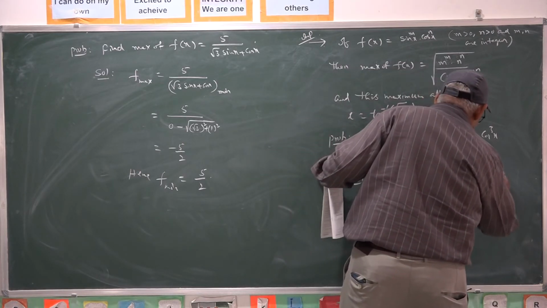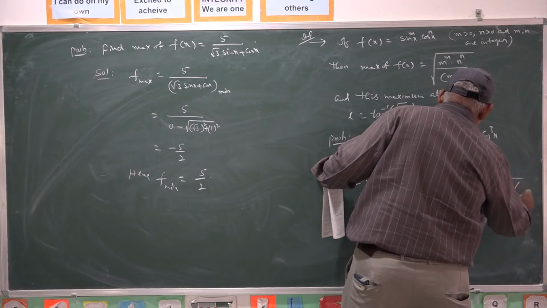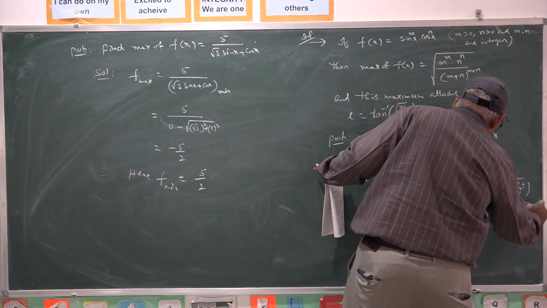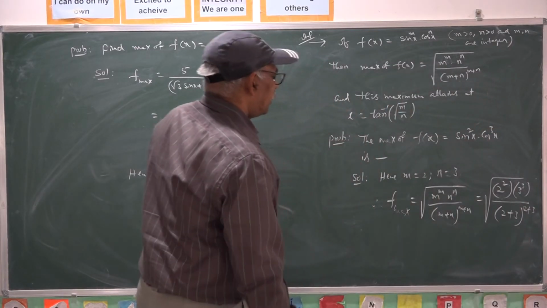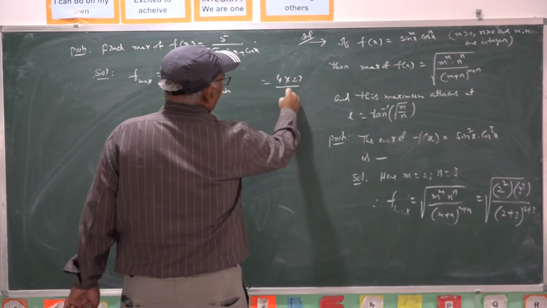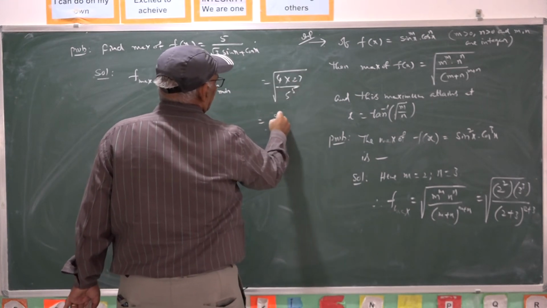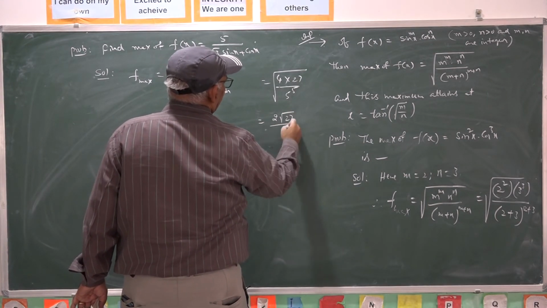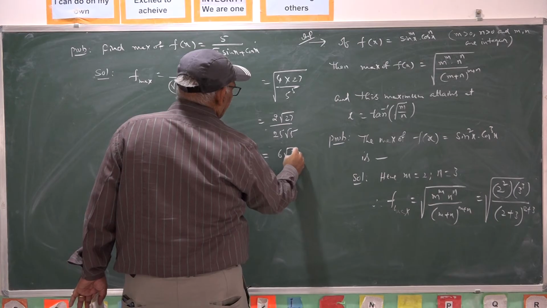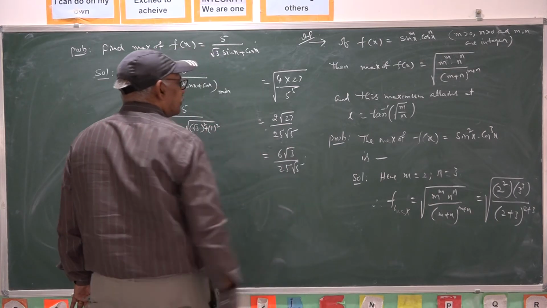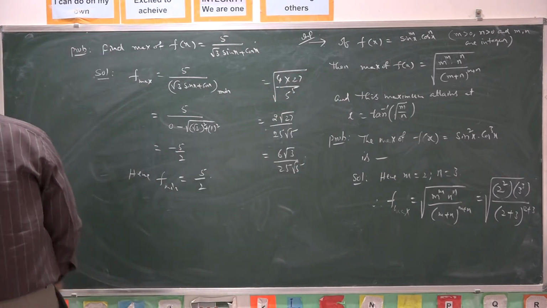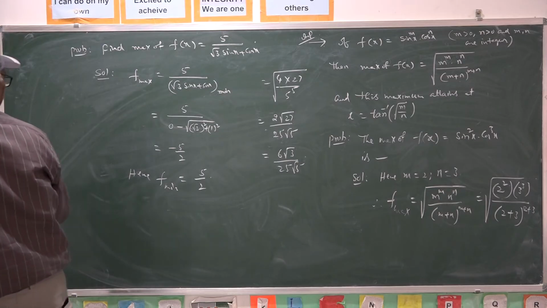So this is 2 square, 3 cube, and (2 plus 3) whole power (2 plus 3), which is 4 into 27 by 5^5 under root, 2 root 27 by 25 root 5. You can write it as 6 root 3 by 25 root 5. Like that you can find the maximum value of a function in such a form.